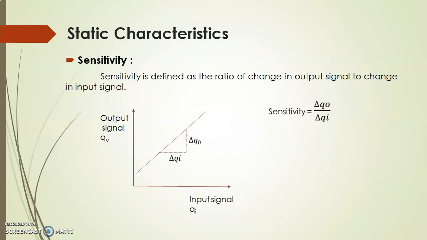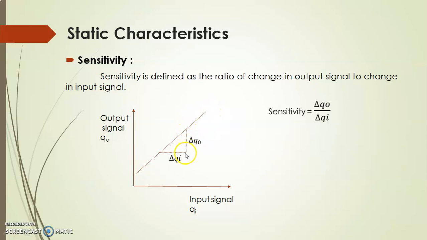Now next is sensitivity. Sensitivity is defined as the ratio of change in output signal to the change in input signal. Here you can say the input signal is Qi and your output signal is Qo. Suppose this is the characteristic, the performance of the instrument.